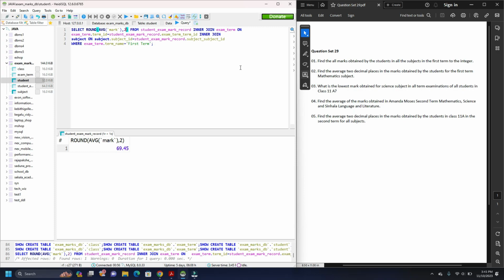And on to the third question. What is the lowest mark obtained for science subject in all term examinations of all students in class A?